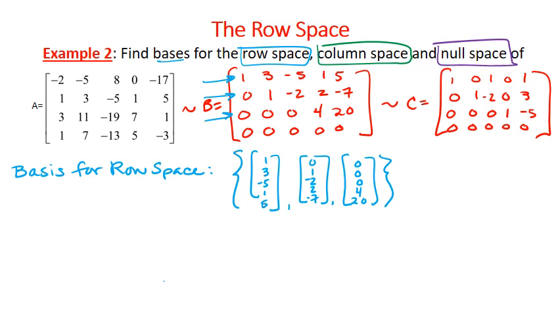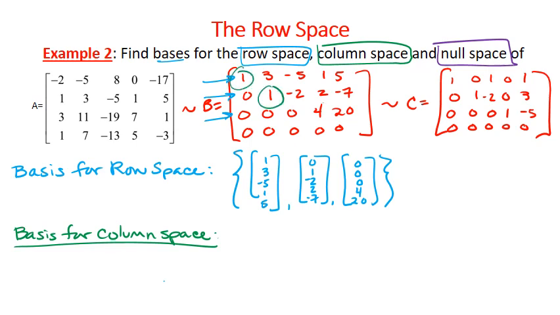Great. Now we want the basis for the column space. Remember what you do here is you identify the pivot columns of B. There are 3 of them, and you know what? This should be a -4. Sorry about that.